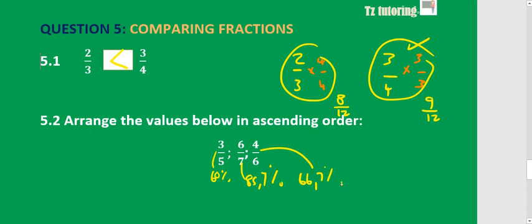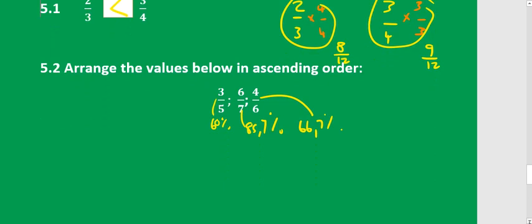So once you've multiplied all the fractions by 100, we can now compare the fractions. So ascending order means we must write them from the smallest to biggest.